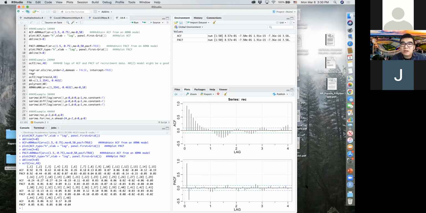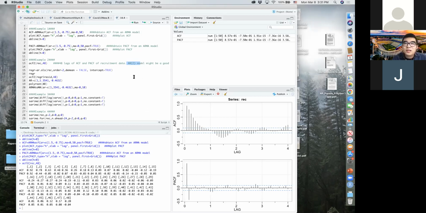So in your final project, and of course in any of your research, this AR2 model is just a starting point. Once we fit this AR2 model, we check the residuals and the coefficients, and if they are not very good, you might change to an ARMA model or an MA model. And more importantly, if you change to those models and the BIC becomes smaller, then you might think your starting point AR2 model is not a good model.